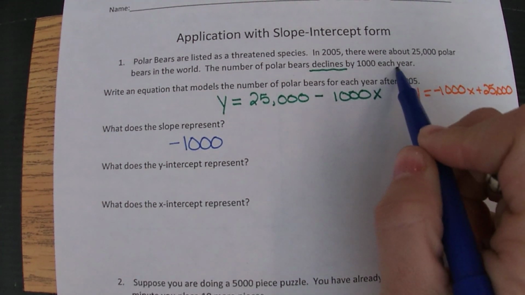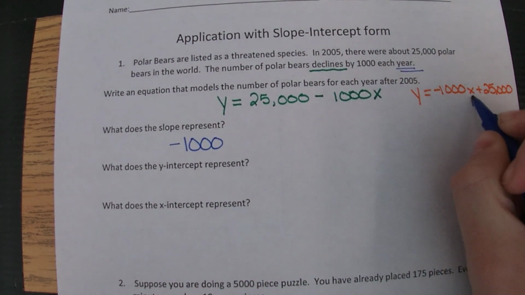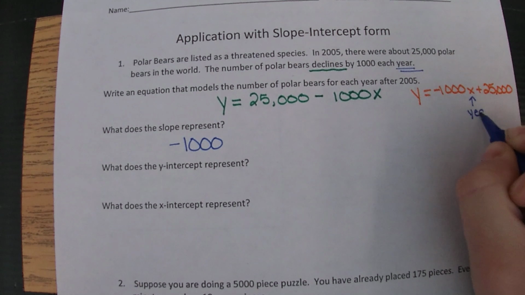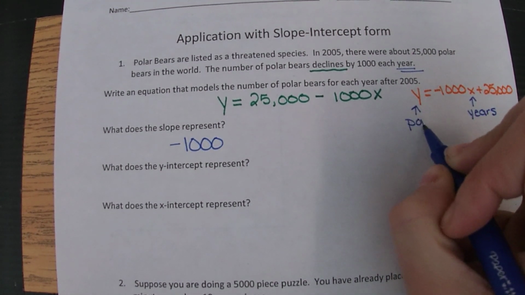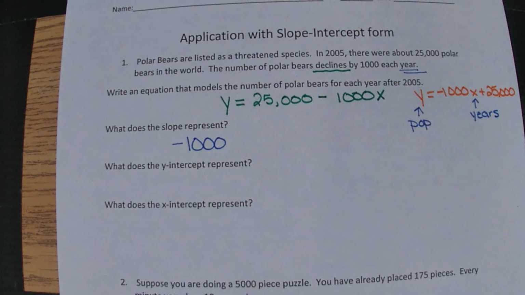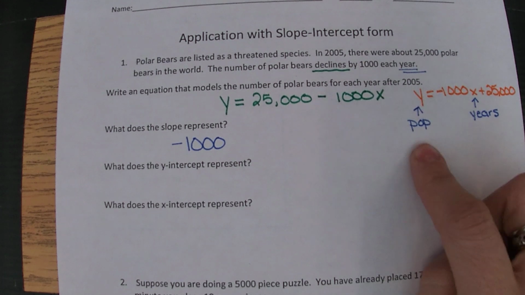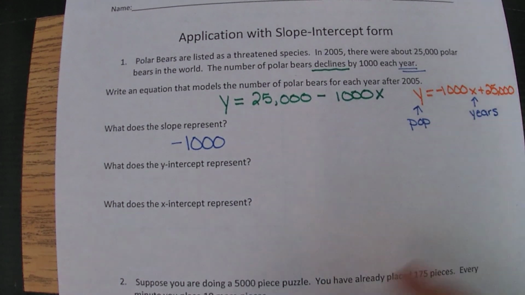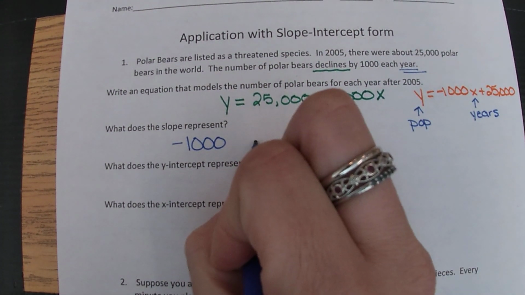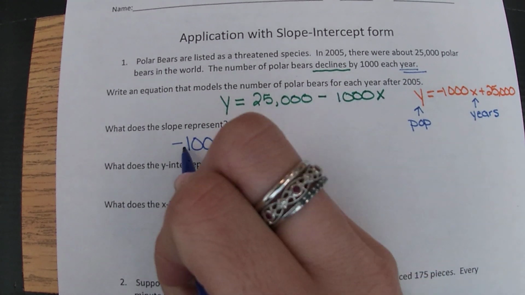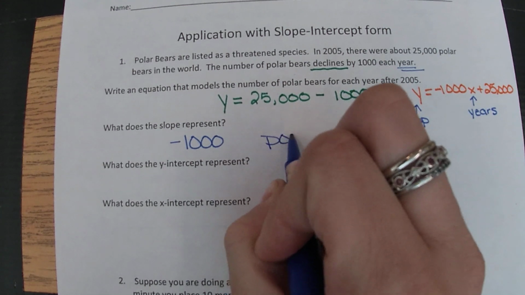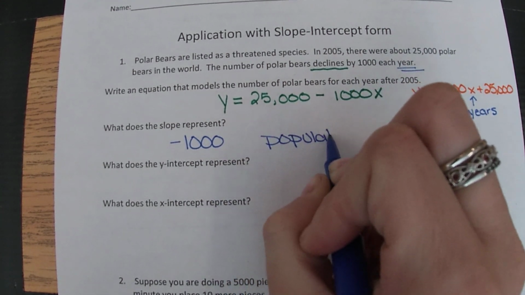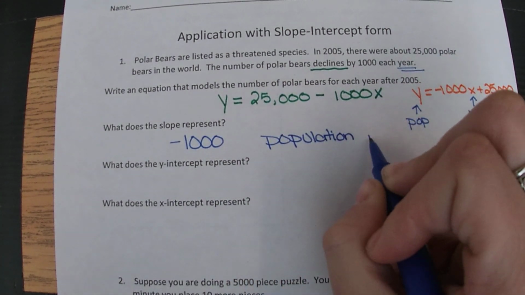So the 1,000 is happening per year, so our x is going to be our years, and our y is going to be our population of bears. How many bears we have? So if we want our y per our x, it's going to be our population per year. So it's our decrease in bears, right? We'll be decreasing 1,000 polar bears in our population per year.